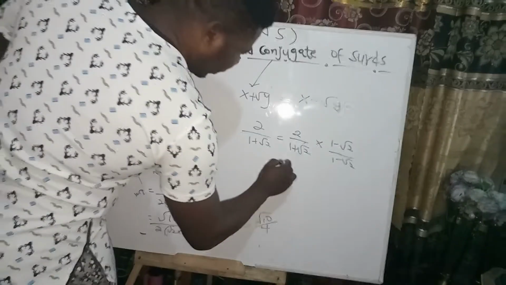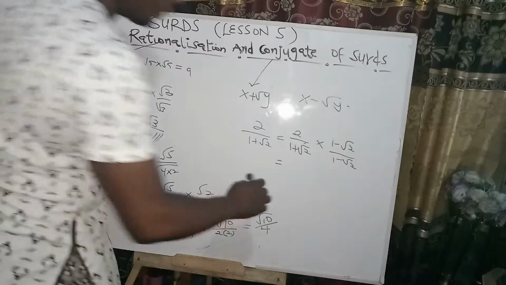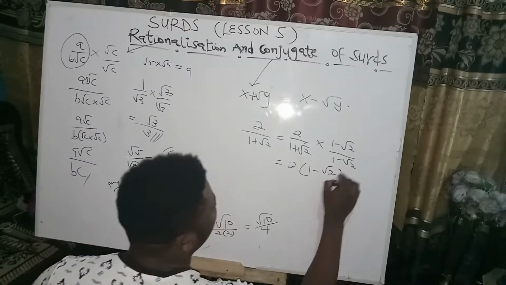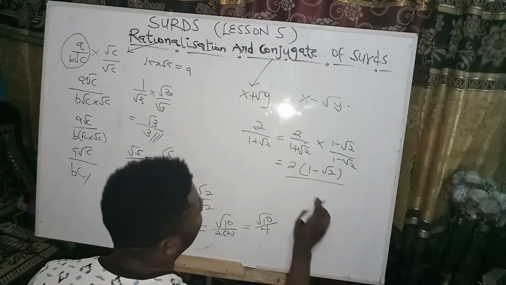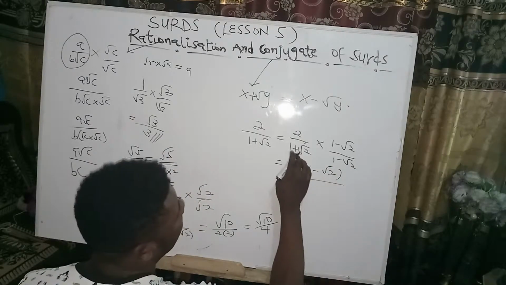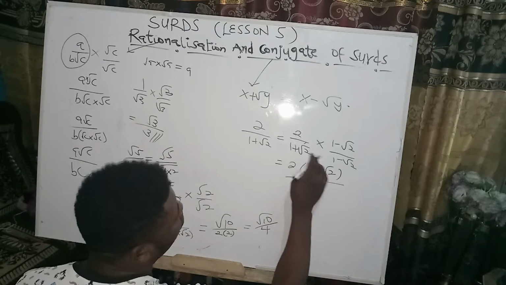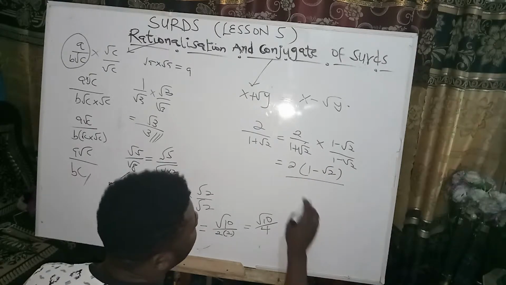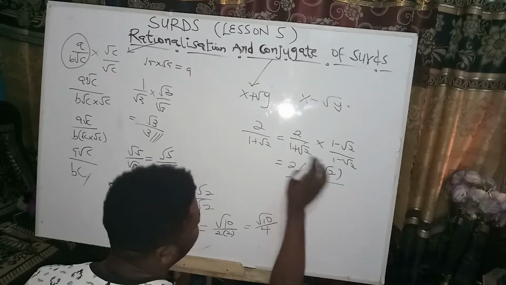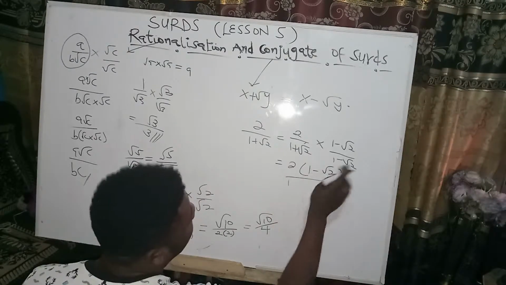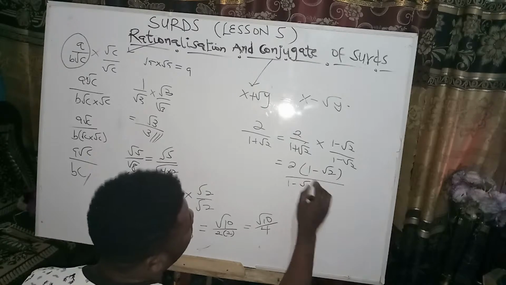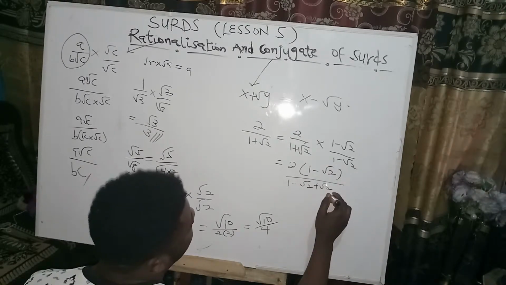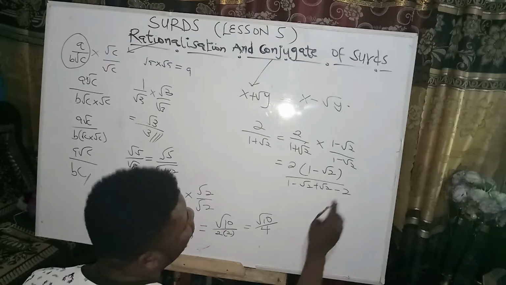So equal to 2 times 1 minus root 2 all over, when we multiply 1 plus root 2 by 1 minus root 2, what we are going to get is, let's do it simply. So 1, and minus root 2 plus root 2, then minus 2.